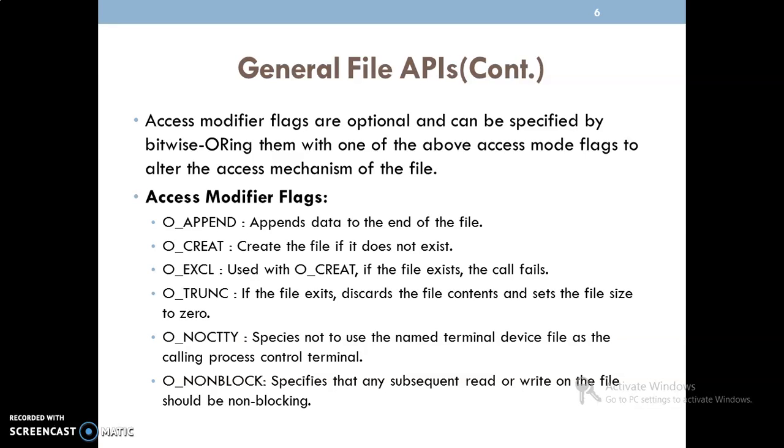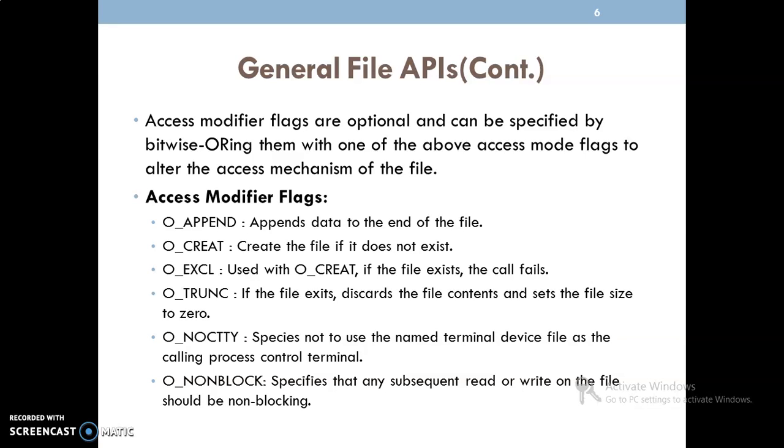Here O_APPEND is nothing but appending the data to the end of the file, which means that whatever content you are adding to the file is only added at the end of the file. Second one, O_CREAT, it creates the file if it does not exist. Already I highlighted the point that the open API can be used for opening a file or creating the file. If that file does not exist, at that time we are using this flag.